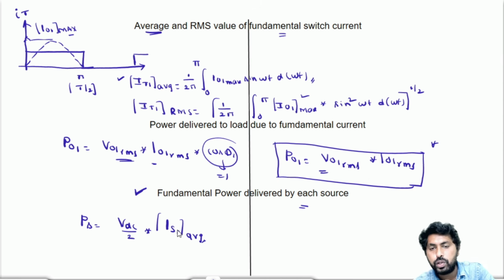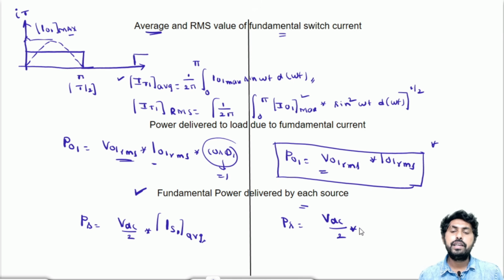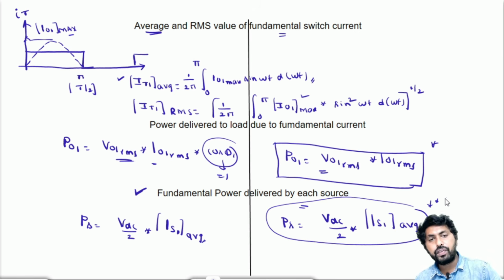For one source, if you multiply by 2, you get the total power delivered by the sources. So this is how we find the different parameters.